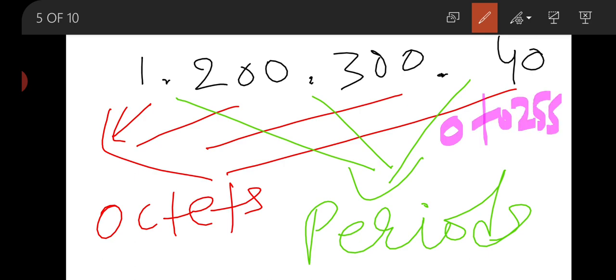I hope you have understood. The range of each decimal value is 0 to 255.